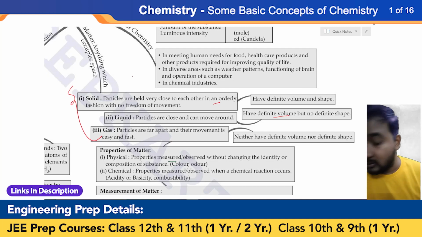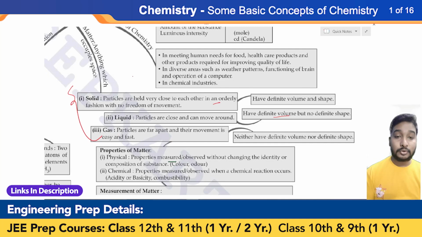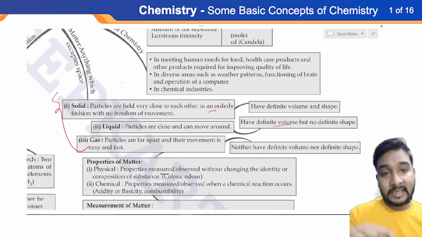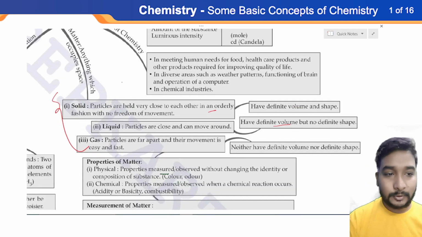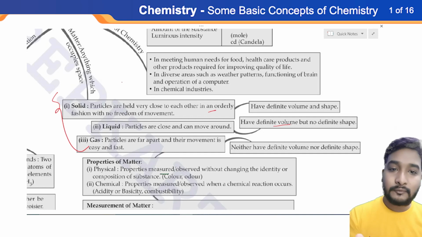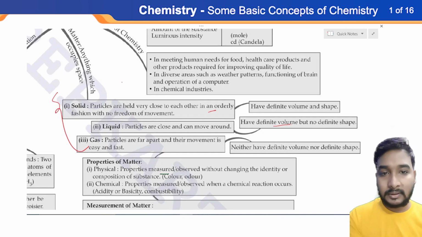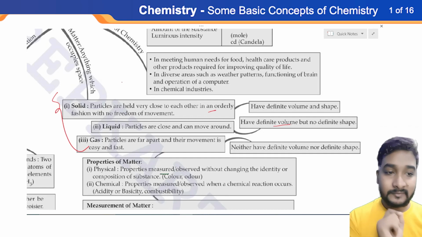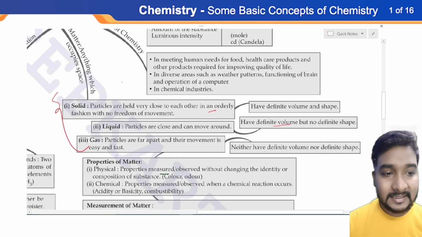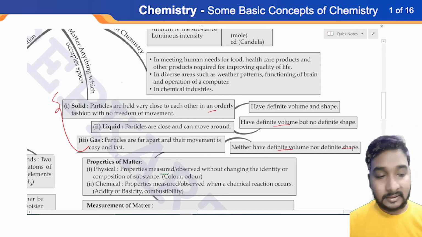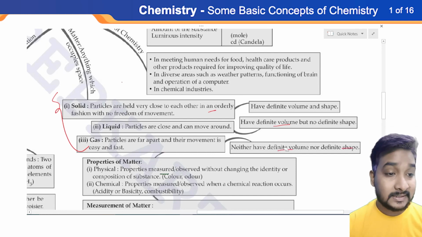But whenever I use this water in a container, water will take the shape of that container. Okay, so the volume of water is fixed, like 1 liter, 2 liter, but the shape will not be fixed. And for gases, their volume and shape will not be fixed, they are undefined, and we cannot see the particles of gases also.